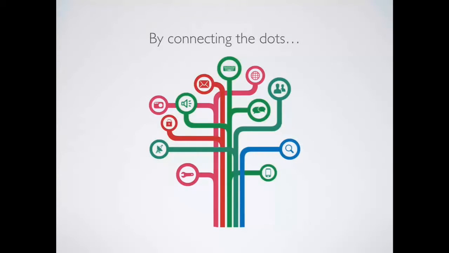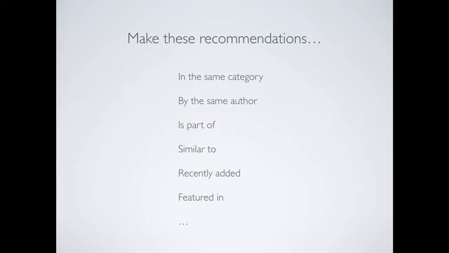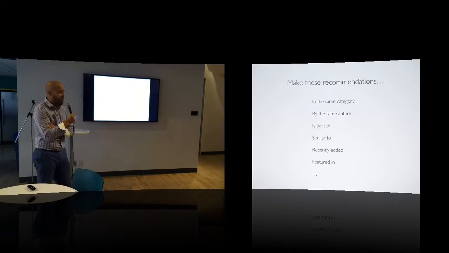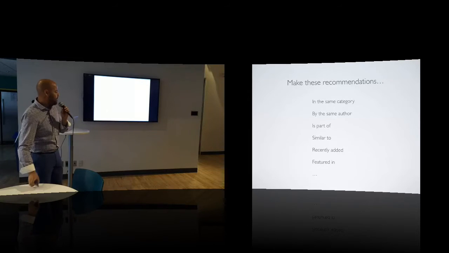Let's say you're in a context where you want to see other merchants in the same category, or this merchant actually appears in this playlist. By making this metadata mapping between the content, we can do recommendations that apps started doing, like YP Dine, like Shopwise. So, in the same category, by the same author, and so on. That's the first level of recommendations.